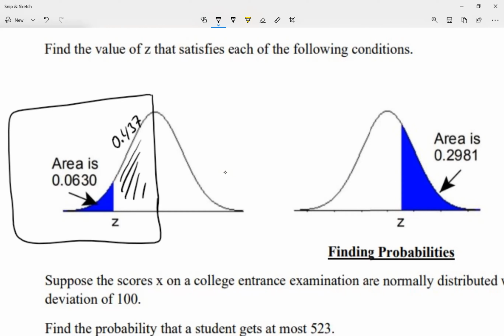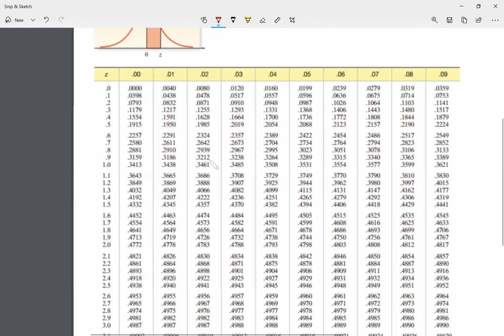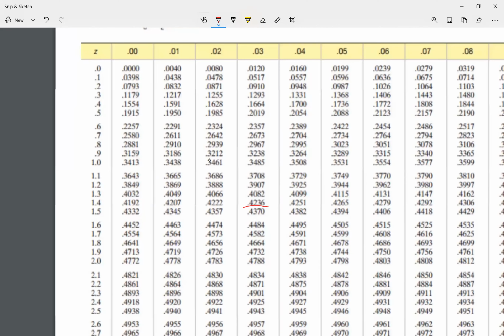Let me see on my table what z value gives me 0.437. So let me come back here. 0.437, where is that? Oh, I found it. It's right here, 0.4370.